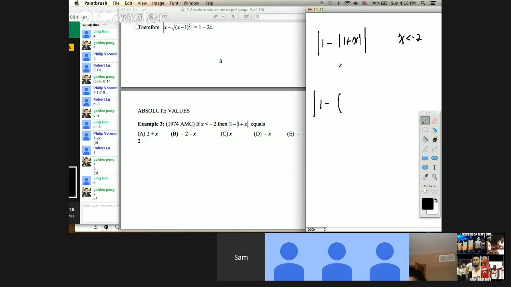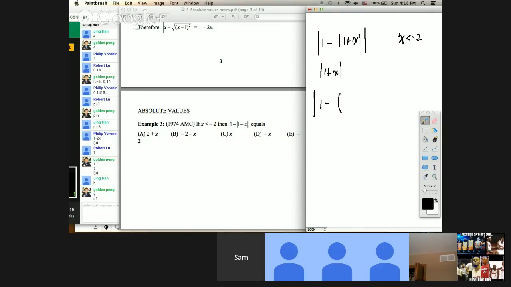So we'll first work on the absolute value of 1 plus x, right? So it says x is less than negative 2. So if x is less than negative 2, this is going to be a negative number. Do you guys get that? The inside is going to be a negative number.